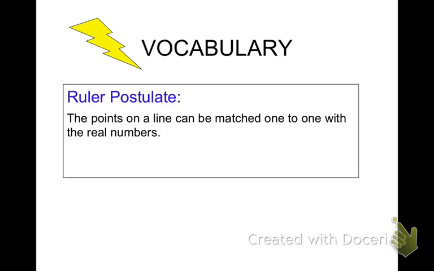Okay, so the points on a line can be matched one-to-one with the real numbers, is your ruler postulate.